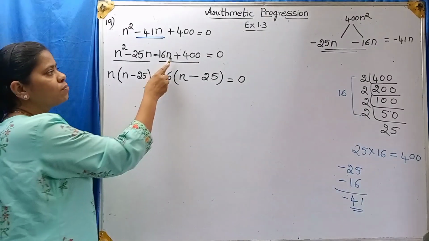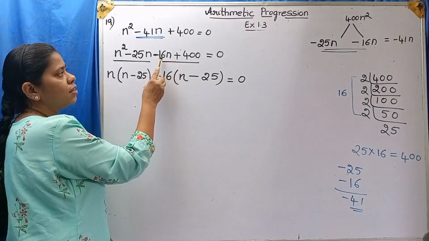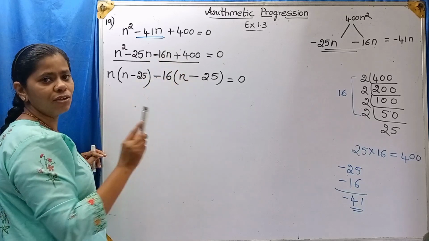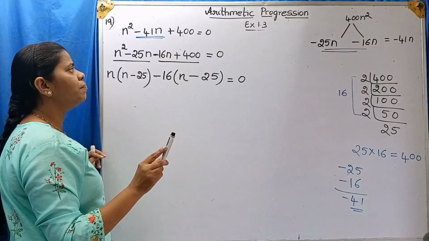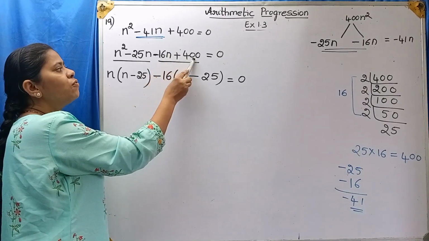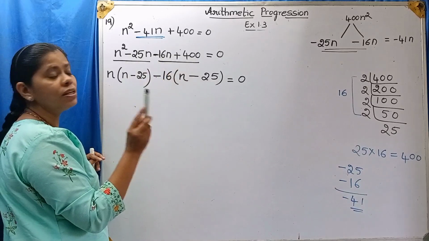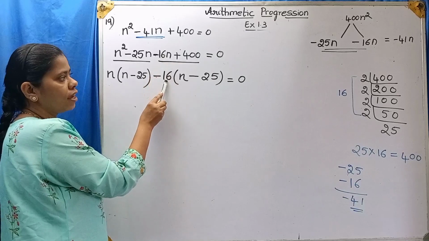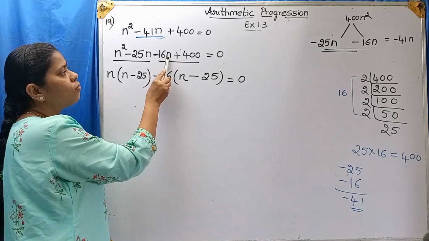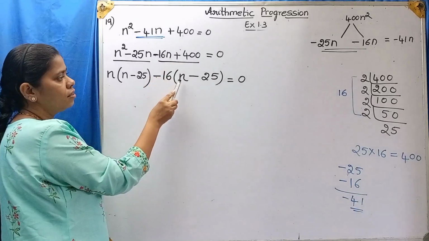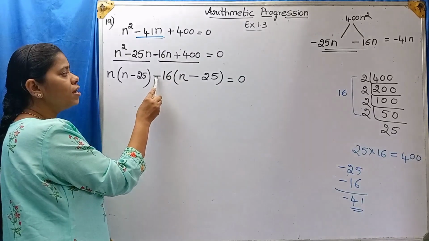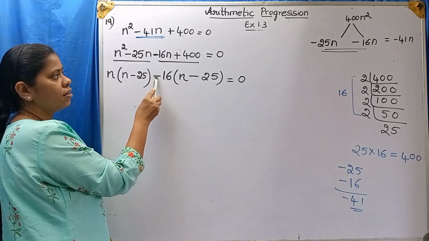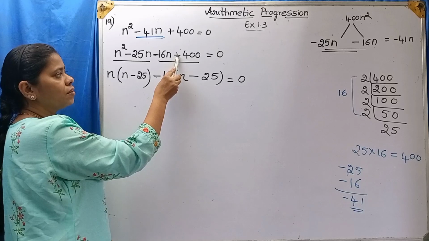Okay? Let me explain this once again. Here, minus 16n plus 400, you will make it as one group. Okay? Then, in 16n and 400, which is common in both? 16 is common in both. Therefore, let me take this 16 outside. Okay? Then what is left here? n is left. Therefore, n. Already we have taken minus sign outside, but here it is plus.